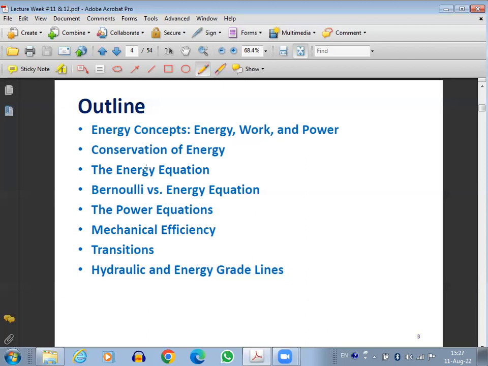Then we are going to discuss how the Bernoulli's equation that we developed in chapter number 4 is linked with the energy equation that we develop here.